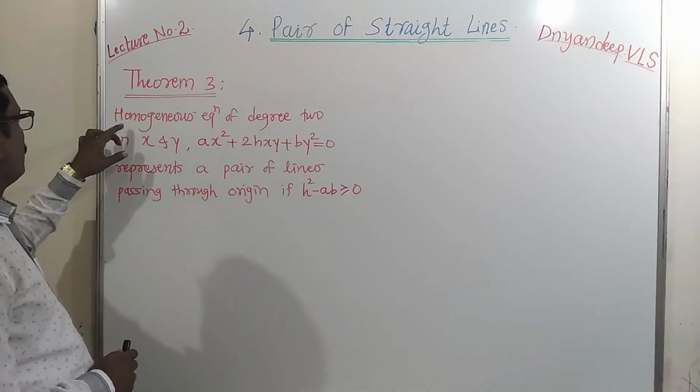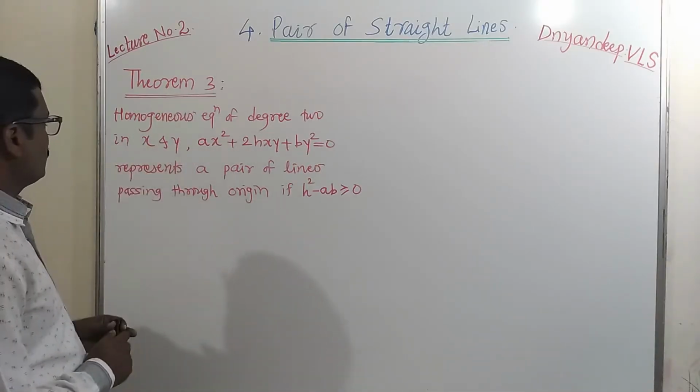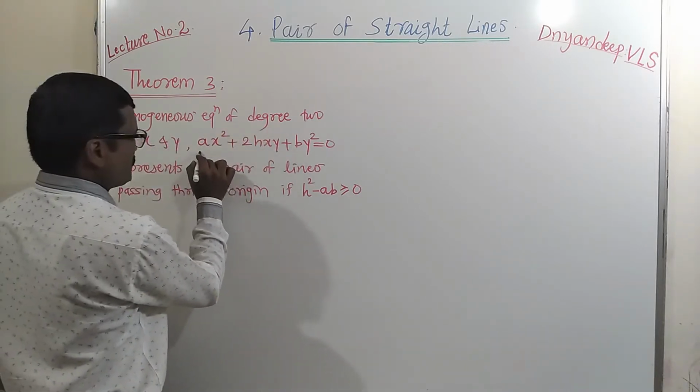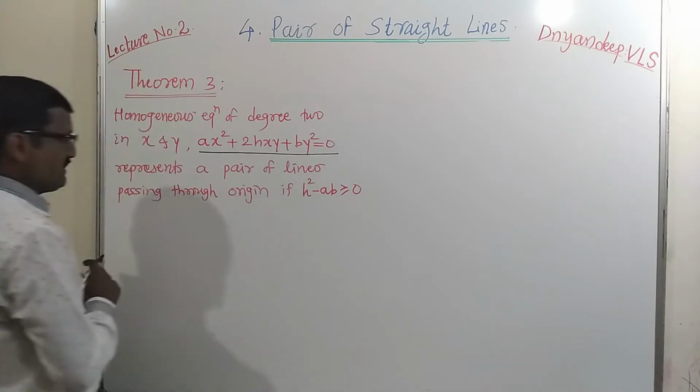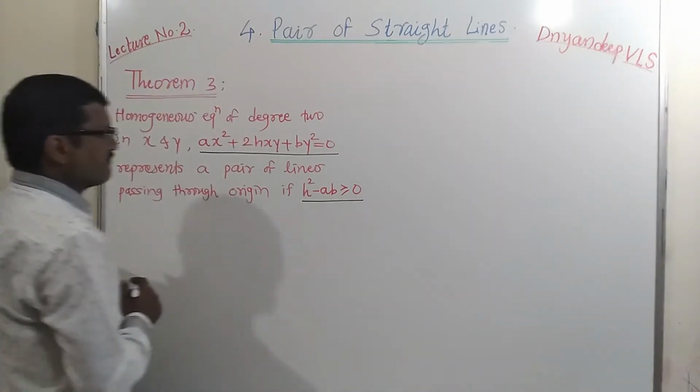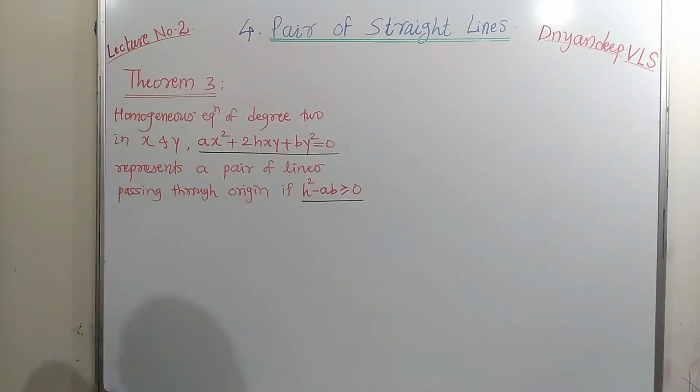Theorem 3: The homogeneous equation of degree 2 in x and y, this equation, represents a pair of lines passing through origin if h square minus ab is greater than or equal to 0. That we have to prove.